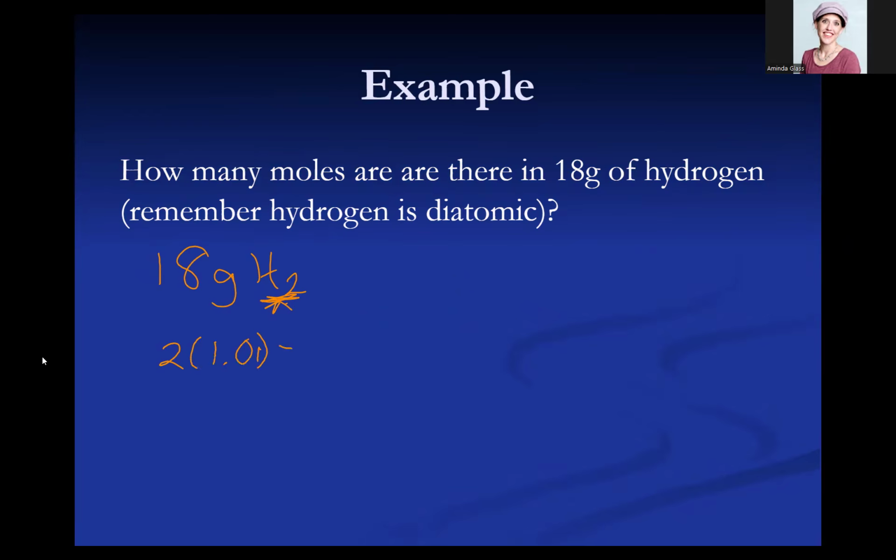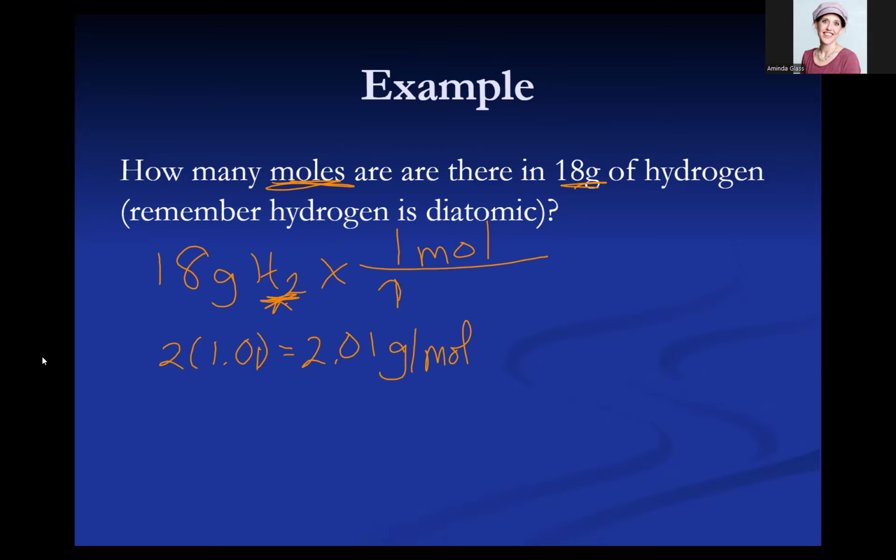So the molar mass of hydrogen is 2.01 grams per mole. So I start with what I'm given, which is 18 times, I need to turn it into moles. So moles go on top. My molar mass goes on the bottom.